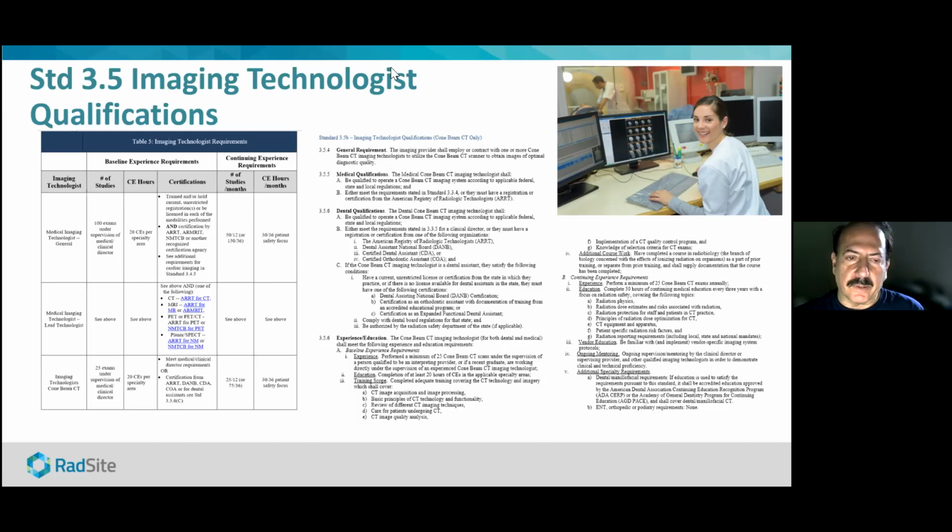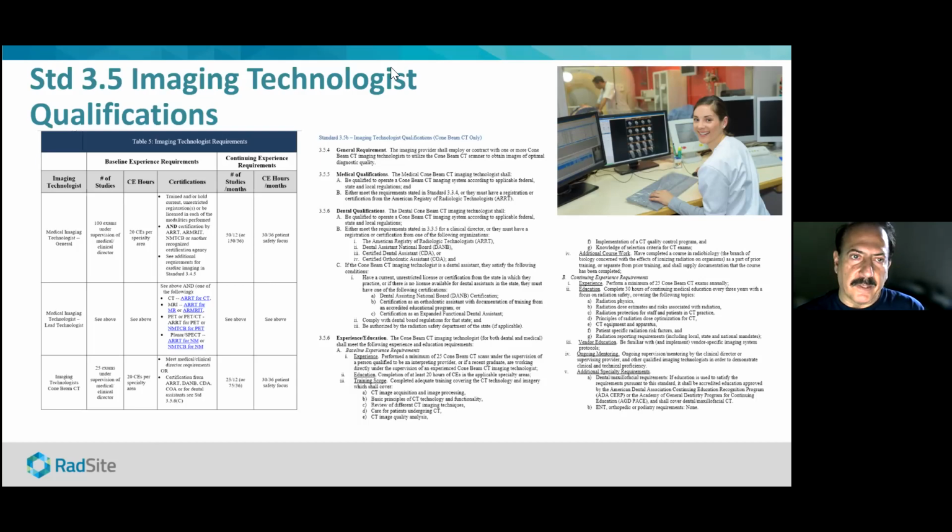In general, it's the manufacturers or the vendors who will educate the technologist, or the person designated as the technologist, when that initial training occurs, and then manufacturers and vendors offer ongoing additional training too. And so those are really the basic requirements for the technologists themselves.